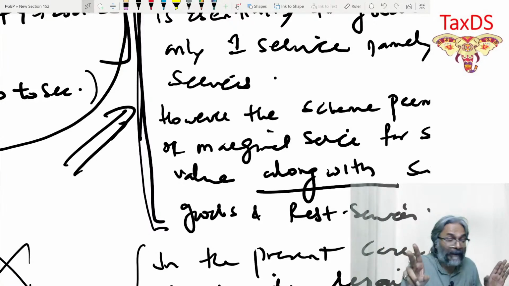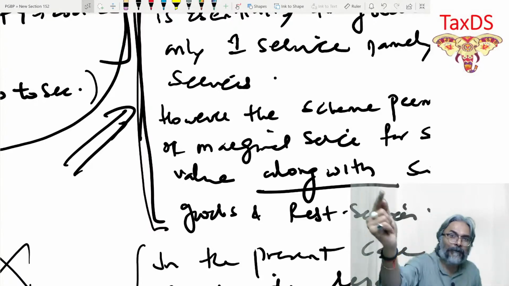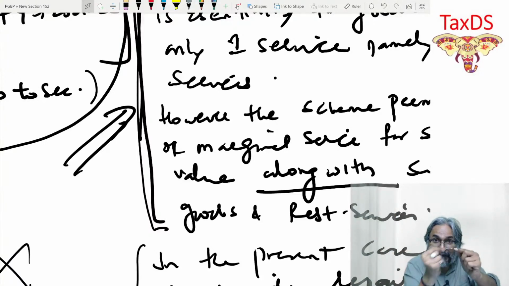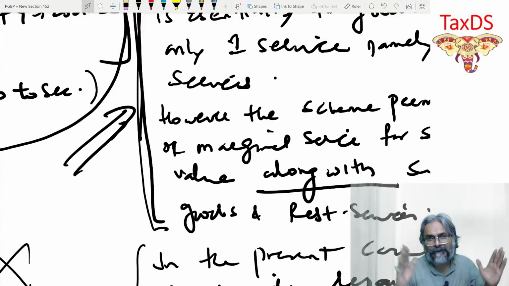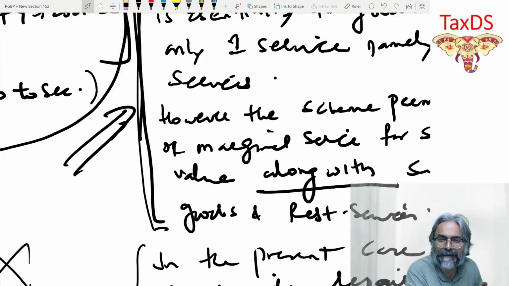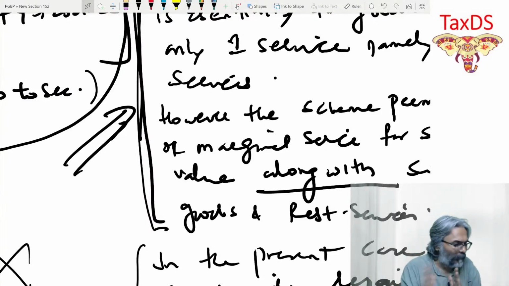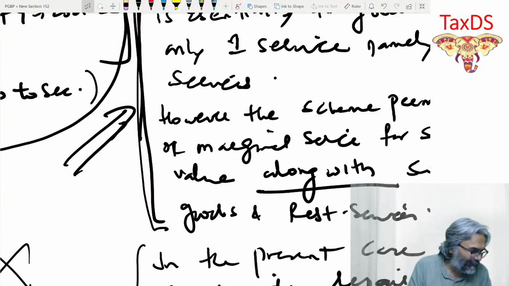And more importantly, if he wants to still continue, ensure that he doesn't make any of the prohibited supplies, the list of which I have already given you in that Rajbir and Sons question. Is that clear to all of you? These are the standardizations which I have made for all of you. Tomorrow I'm going to finish off this particular topic on the composition scheme. We'll move on quickly into the next thing.